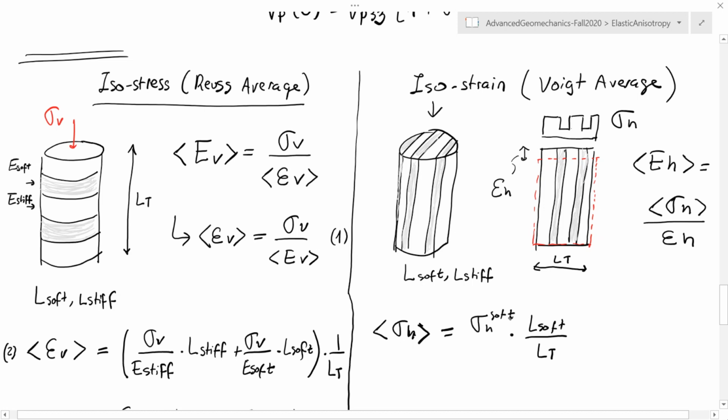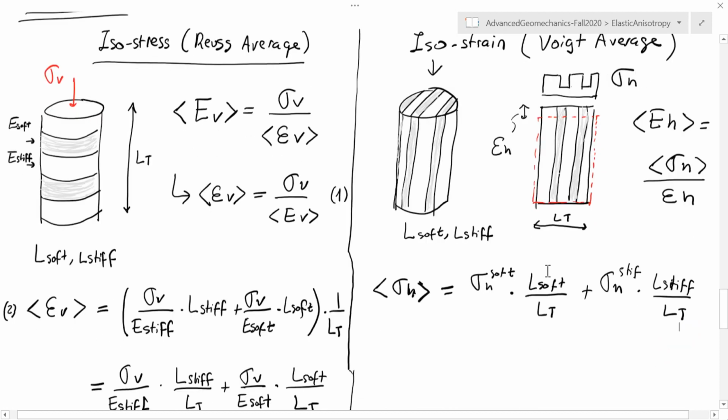That volume average then is going to be how much stress I have in the soft part, times how much rock I have, plus the horizontal stress in the stiff sections, times the participation of the stiff rock in all of that.